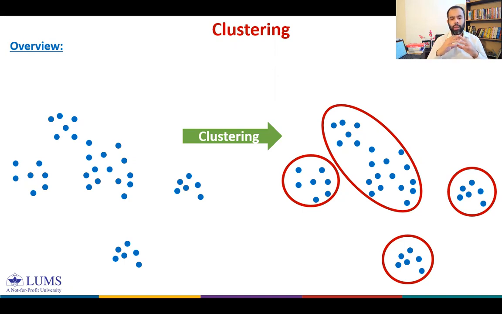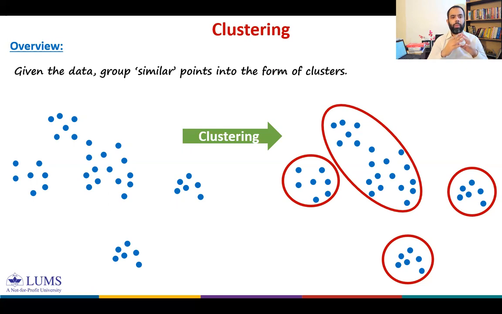So clustering is finding these blobs in your data, because we're saying the data points inside these blobs are similar to each other and dissimilar to the data points in other clusters. So given the data, we group similar points, and they form a cluster.